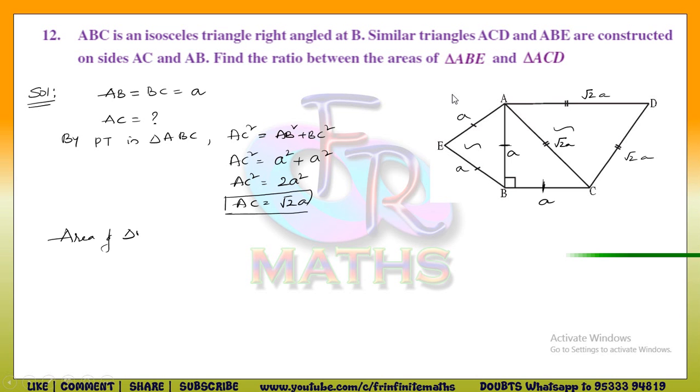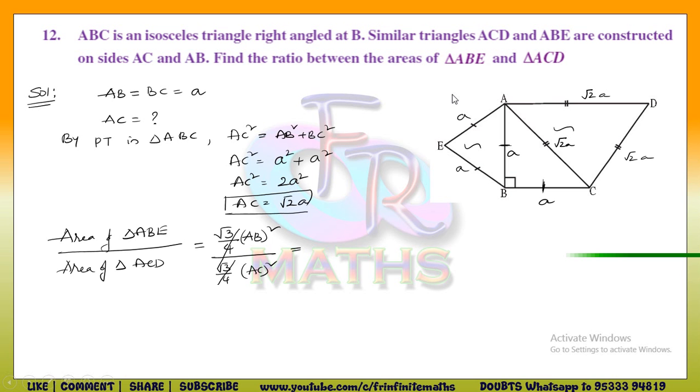So area of triangle ABE by area of triangle ACD is equal to, so what is area of ABE? AB is nothing but an equilateral triangle, no? So from that, what I can say? Root 3 by 4 into A square. So A square, you can consider AB square by root 3 by 4 times of AC whole square. Now this root 3 by 4 I can cancel it out.